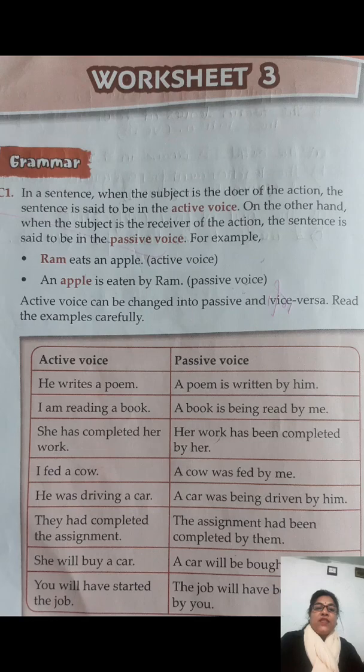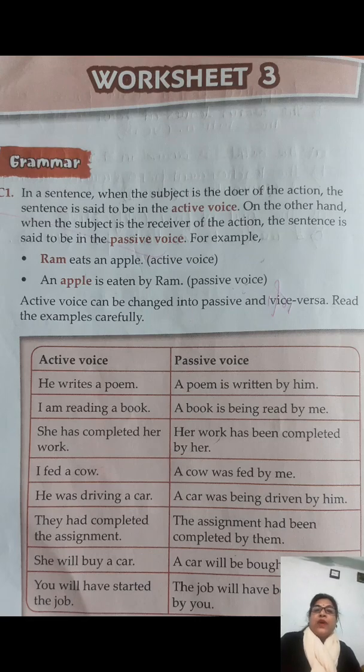It is actually the receiver of the action eat. Therefore, it is the passive subject of the sentence. The doer of the action is Ram, whereas in Ram eats an apple, the sentence is in active voice because the action is directly done by the active subject, that is Ram.